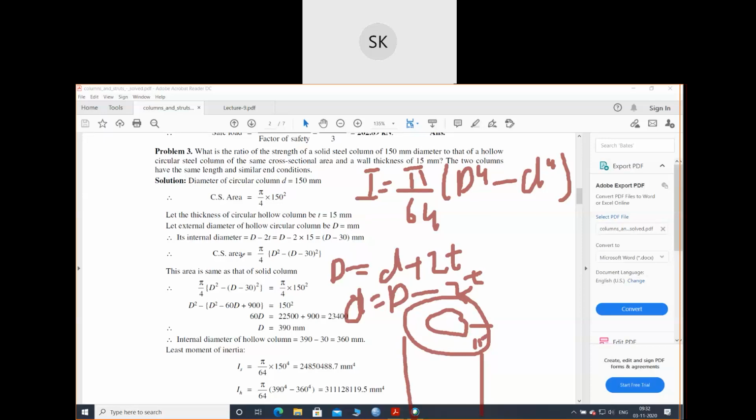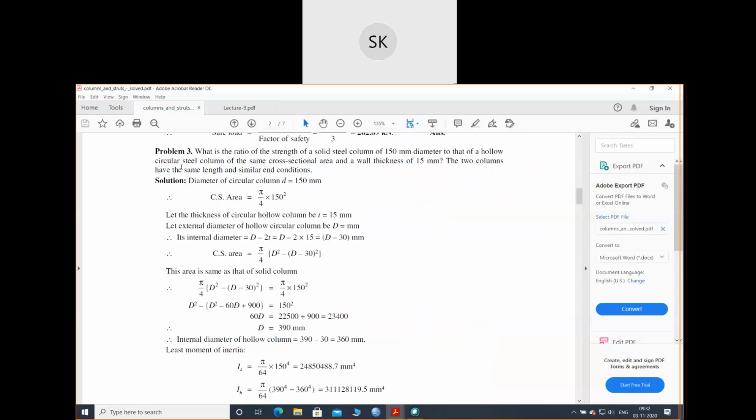The cross-sectional area is pi by 4 times external D square minus internal diameter square. In the question it is given as the same cross-sectional area. This is the condition: the area of the steel column and the hollow section will be equal. So we'll equate the area.